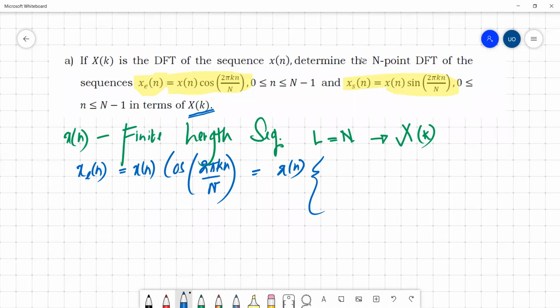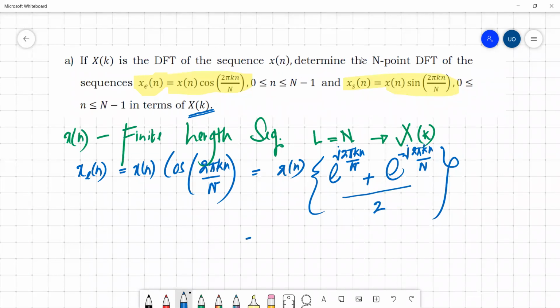So then it becomes e to the power j 2 pi k n over capital N plus e to the power minus j 2 pi k n over capital N, all over 2.